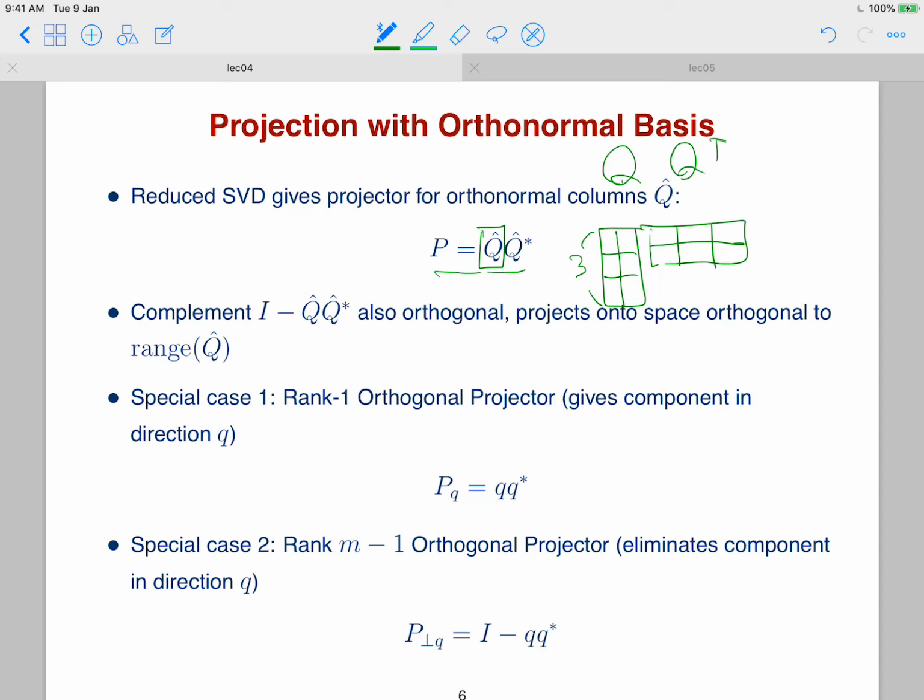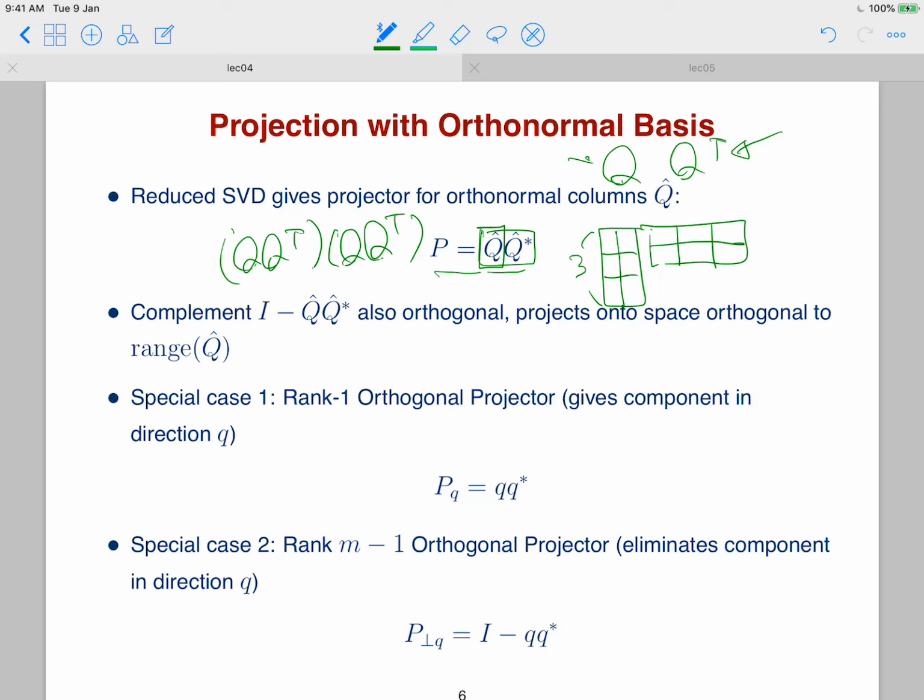Once we start with the orthonormal vectors as the columns of a matrix, this matrix times its transpose will work as an orthogonal projector. So in this case, let's verify that it satisfies idempotence.